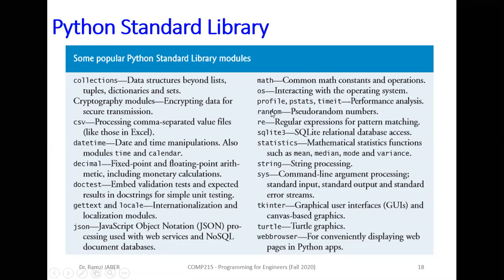We have random, we'll take an example later. We have statistics, mathematical statistics like mean, median, mode, or variance. Strings, system, file.